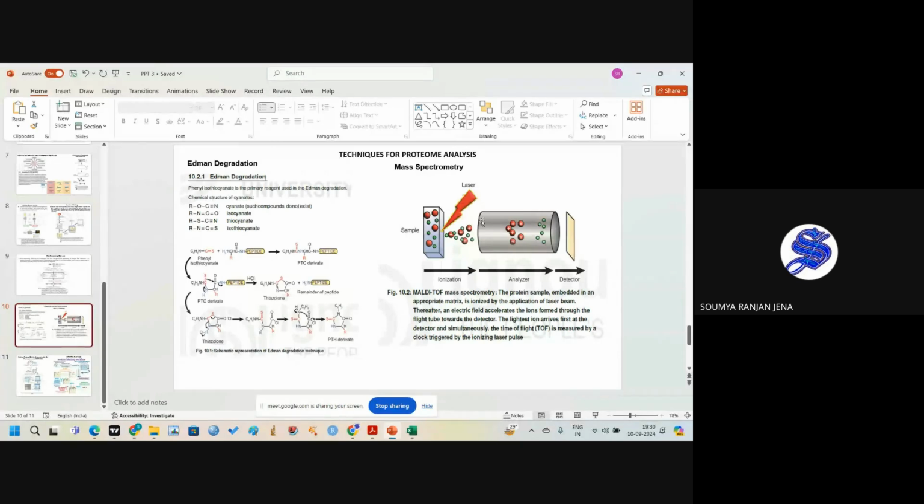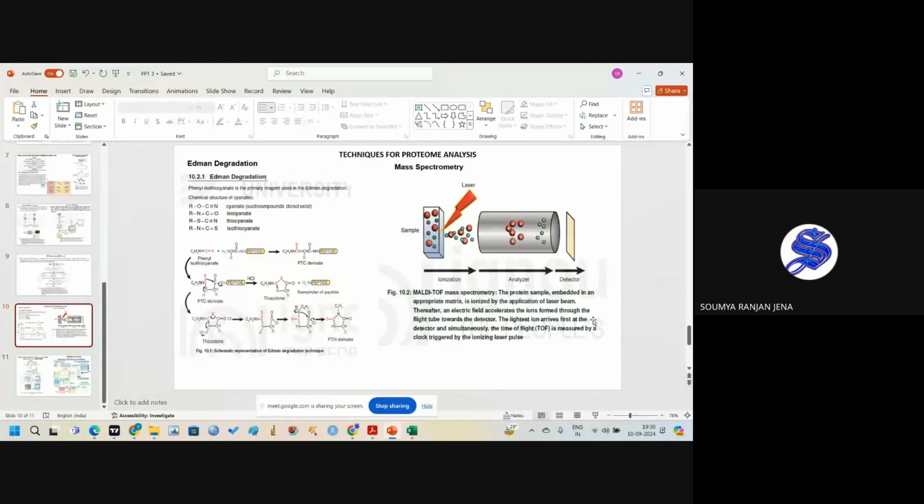In the mass spectrometry process, you can use MALDI-TOF mass spectrometry. The peptides are embedded in a particular matrix. The matrix is inert, and then you can use a laser for disruption of all the peptides, and they will travel through an electrical field which accelerates the ions formed through the flight tube and towards the detector.